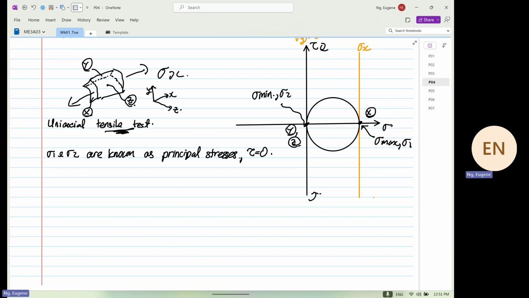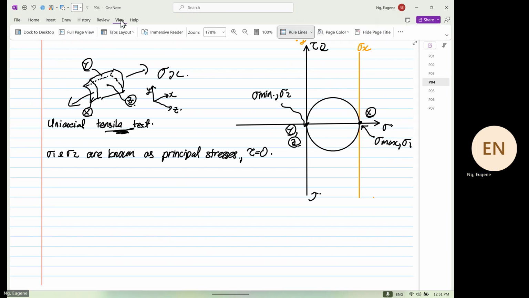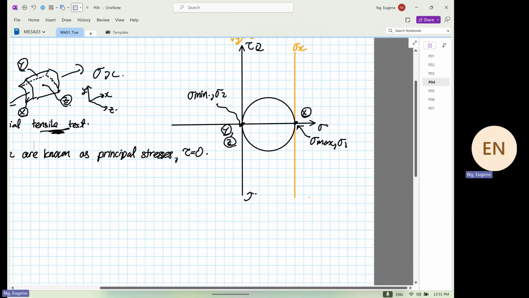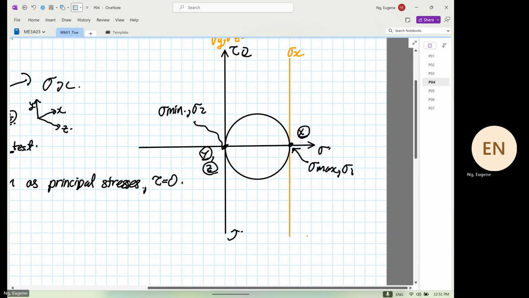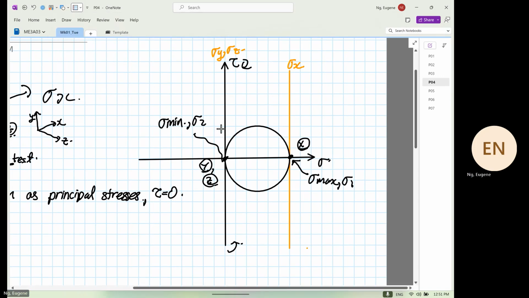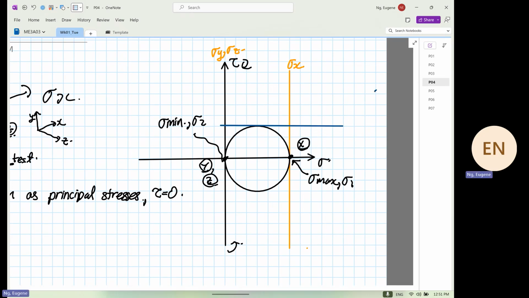Now coming back to the circle. Coming back to the circle, this over here is our what?